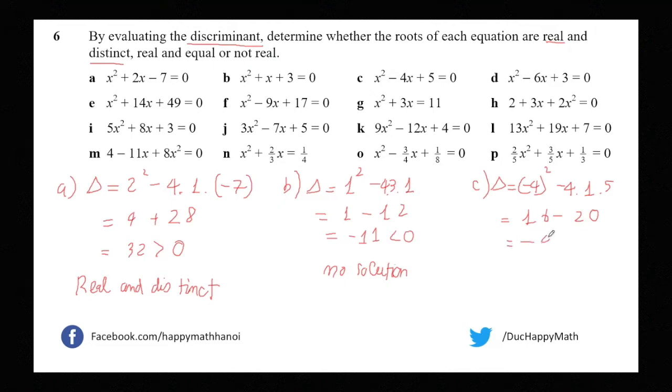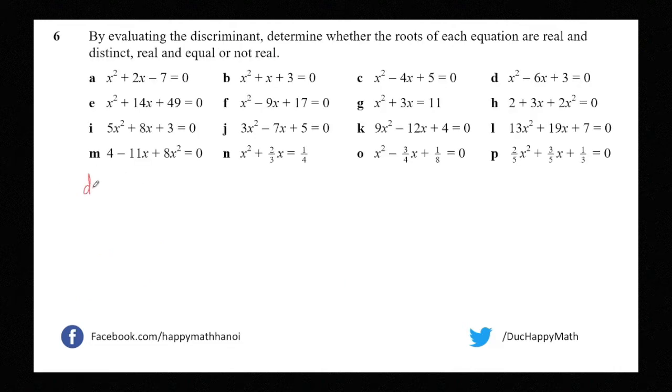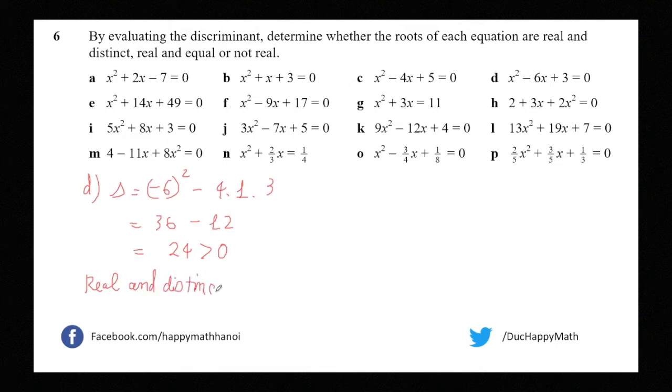This one is minus 4, less than 0. So this function has no solution. Question D. Delta is minus 6 squared minus 4ac. This means 36 minus 12, that is 24, greater than 0. So real and distinct solutions.